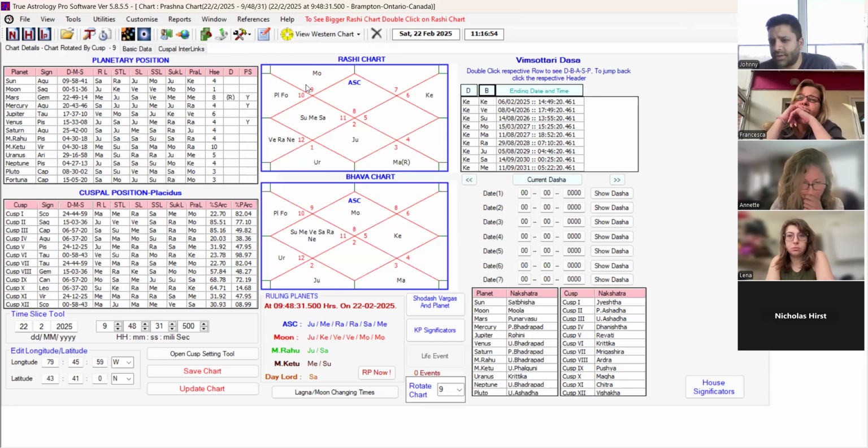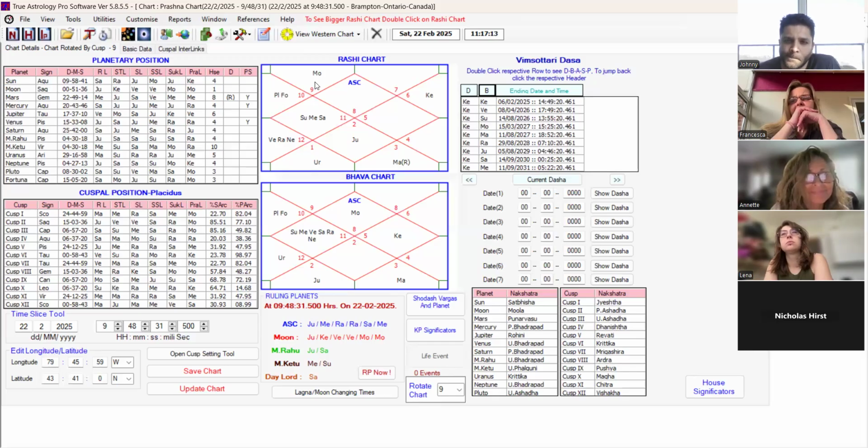Western calls it cardinal, Indian calls it movable. So say, for example, Moon is sitting in Sagittarius here, at 0 degrees Sagittarius. Can anyone tell me whether it's fixed or movable?